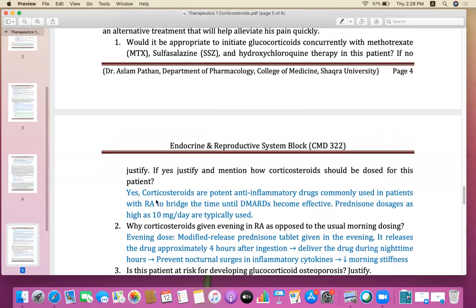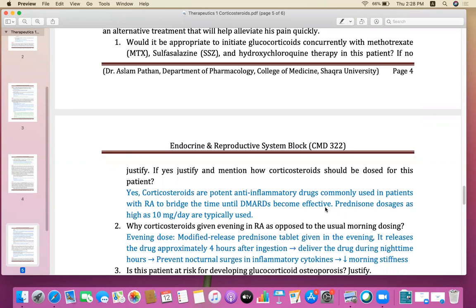Yes, corticosteroids or glucocorticoids are potent anti-inflammatory drugs commonly used in patients with RA, rheumatoid arthritis, to bridge the time until DMARDs become effective.